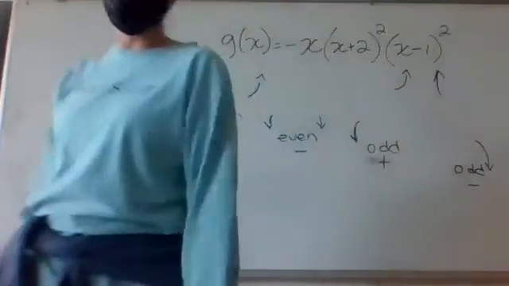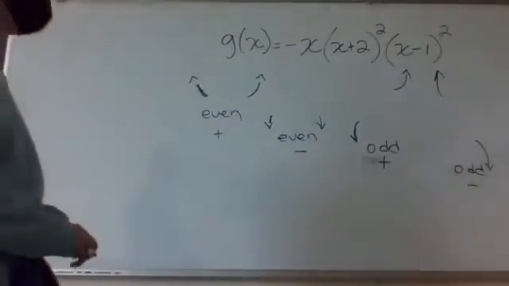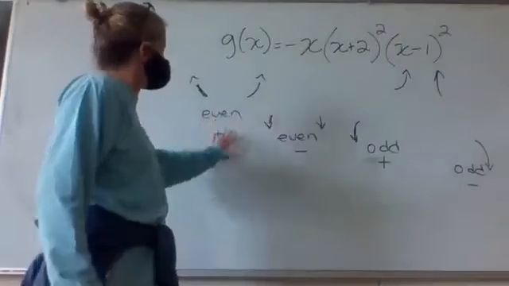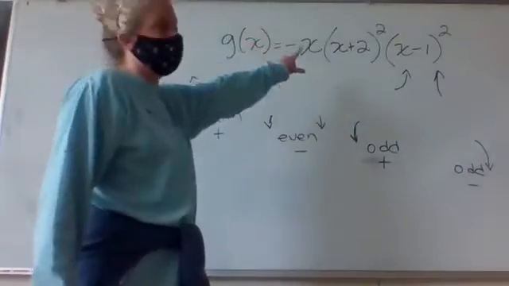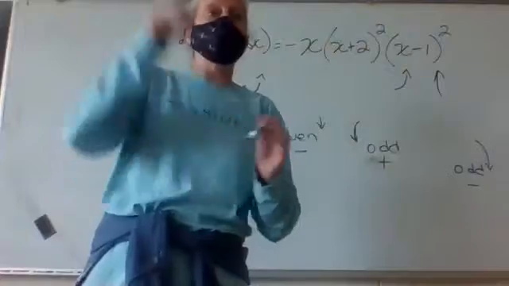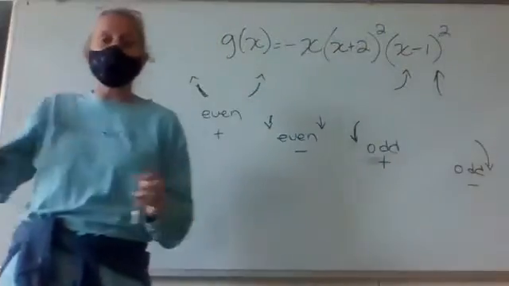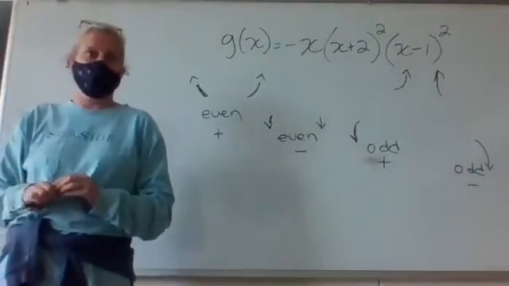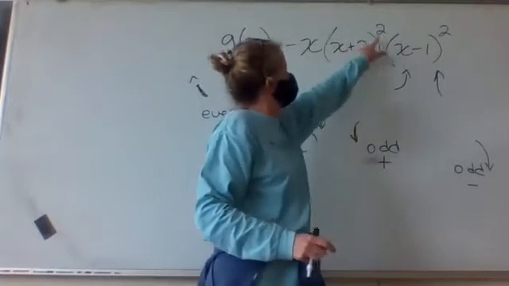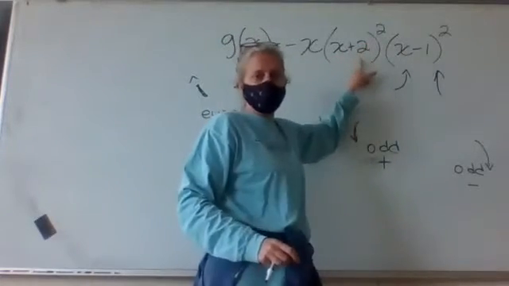So those were the 4 different kinds of end behaviors that your graph could possibly have, depending on the leading term. So we need to think about this function like it's all the way multiplied out and what the leading term would be. If I FOIL this, since it's x plus 2 squared, that would give me an x squared.